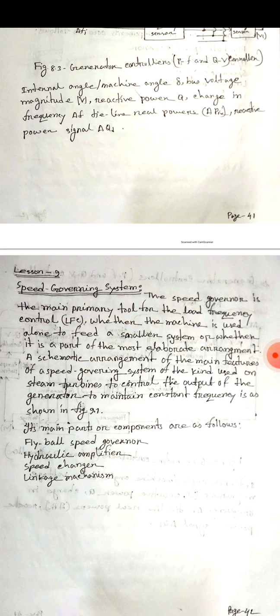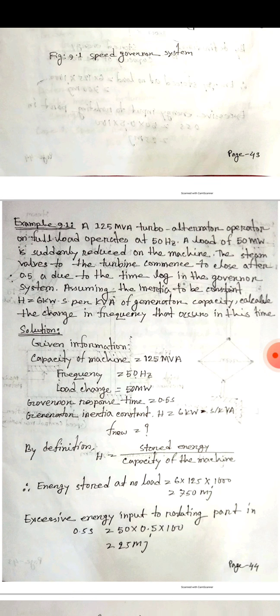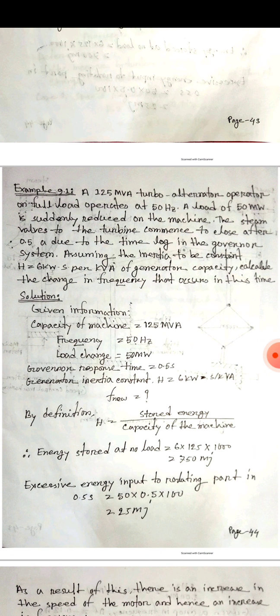Lesson 9, speed governing system. This figure is the speed governing system. Example: a 125 MVA turbo alternator operating on full load operates at 50 Hz.